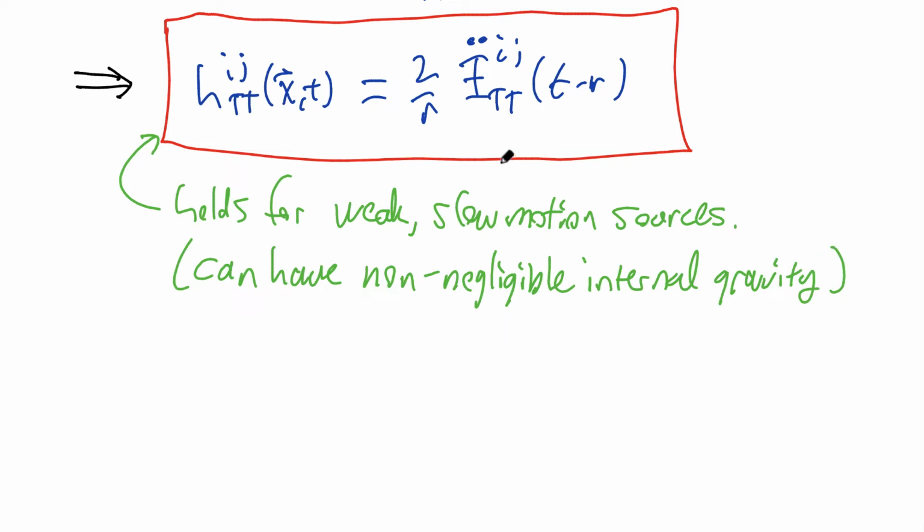This result can also be used for case number 3 sources, which are strong but slow moving.